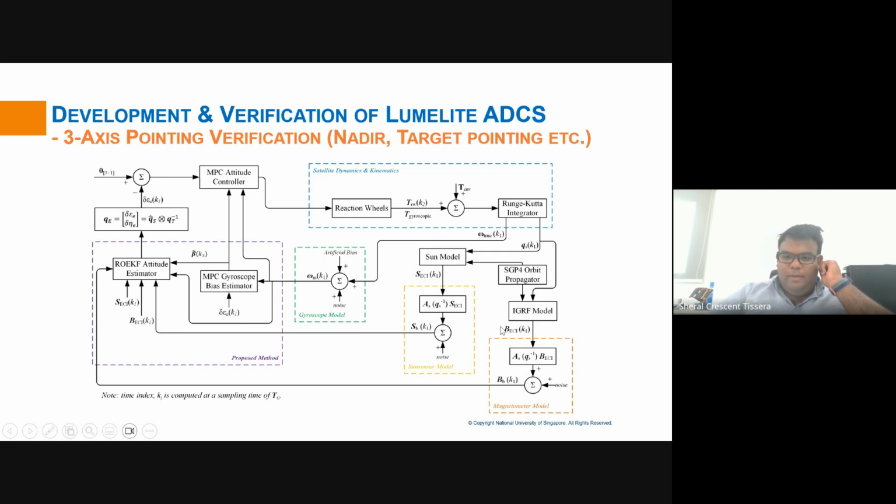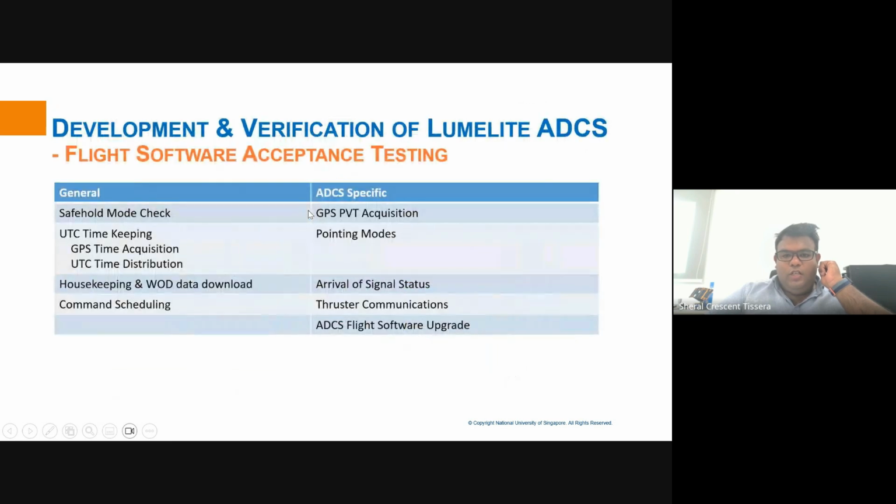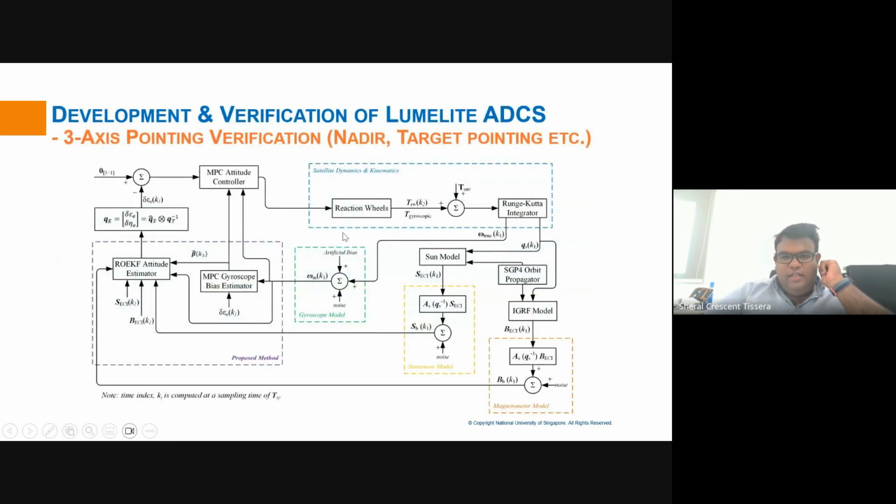So we have two vector pairs of sun vector and magnetic field vector, which can go through the extended Kalman filter estimator to provide an estimate of the attitude, which is then used by the MPC attitude controller to produce the torque using the reaction wheels, and then the process is repeated thereafter. So we use this scheme to verify three-axis pointing of the satellite, which includes nadir pointing and target pointing.